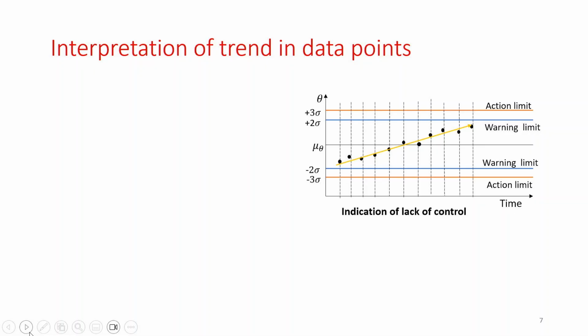Interpretation of trend. Now sometimes we see that the points are falling in such a way that there's a clear-cut trend. One trend is shown in this diagram.